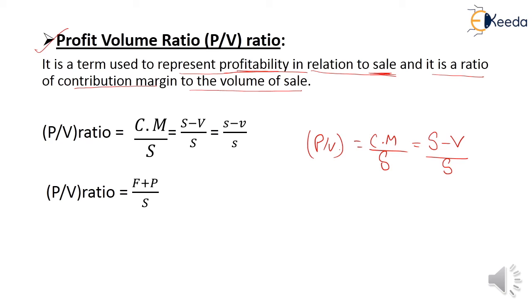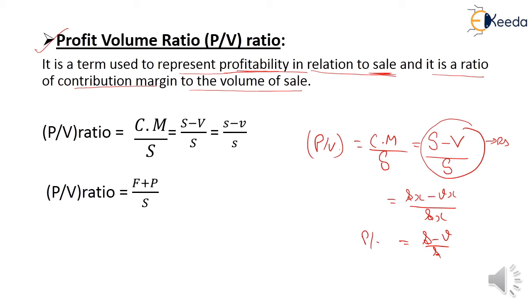It is represented in terms of rupees. If we write it in terms of per unit, capital S is represented as small s into x, minus small v into x, upon small s into x. The x in the numerator and the x in the denominator are cancelled. So finally, small s minus v upon small s.